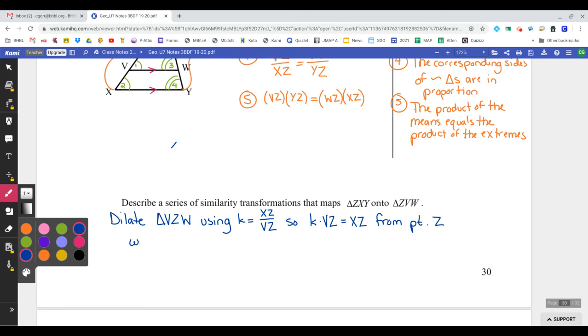Now I want to describe where my angle V maps to where angle X is, angle W maps to where angle Y is, and my angle Z doesn't change. So angle Z remains fixed.